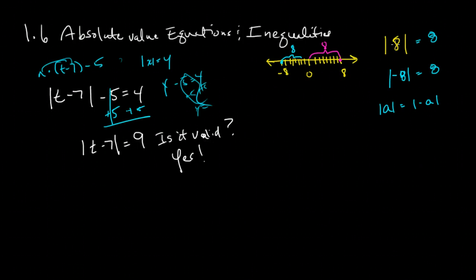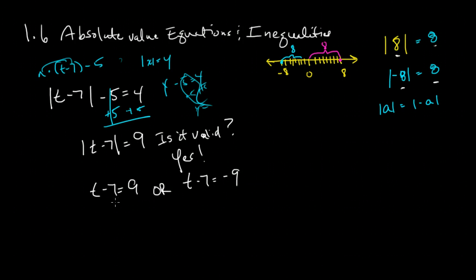As above, we saw that the absolute value of a positive number is positive. The absolute value of a negative number is also positive. So if the absolute value of t minus 7 is 9, then that means that t minus 7 is either equal to 9 or t minus 7 is equal to negative 9.